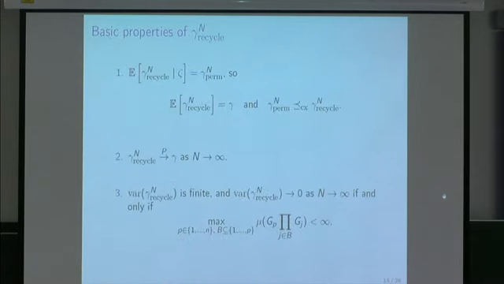It's also not too hard to show that it's consistent, converging in probability to gamma as capital N goes to infinity, for a fixed little n, of course. And you can come up with a new necessary and sufficient condition for finiteness of the variance. For those of you who remember the condition for the simple estimator, you can see that this is actually a stricter condition.